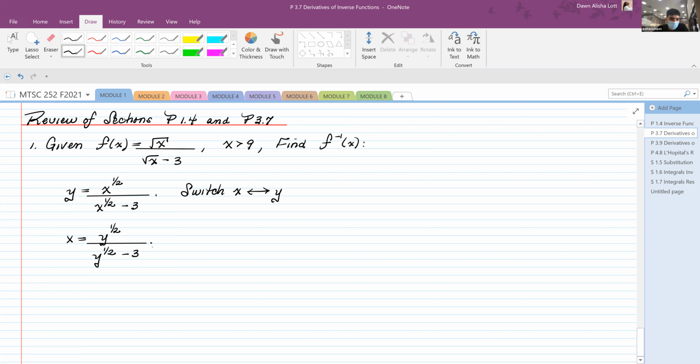Multiply what's on the bottom on both sides. Why are you doing that? Simplify the equation. What's your ultimate goal? Is the ultimate goal to isolate y? Exactly. So we want to solve for y.